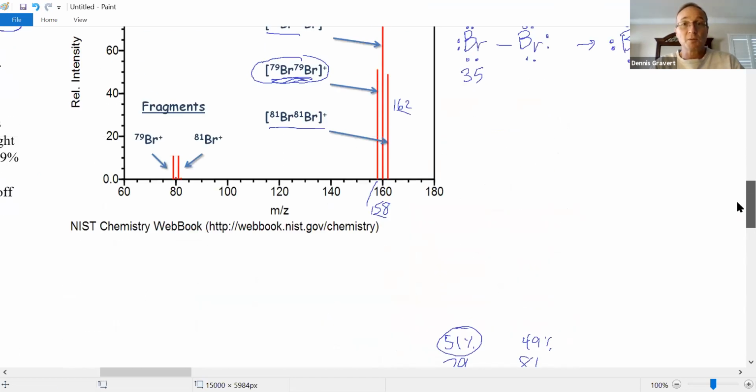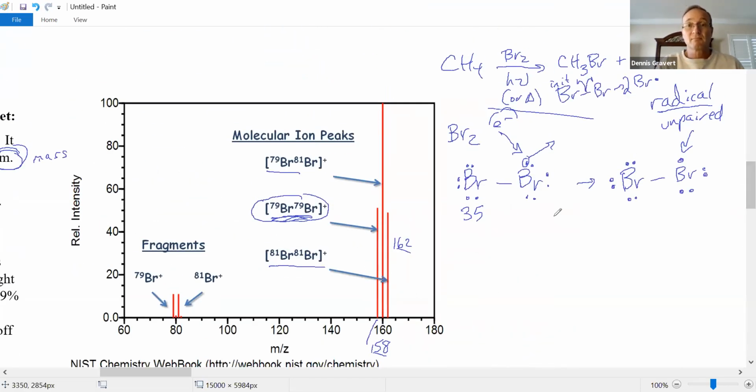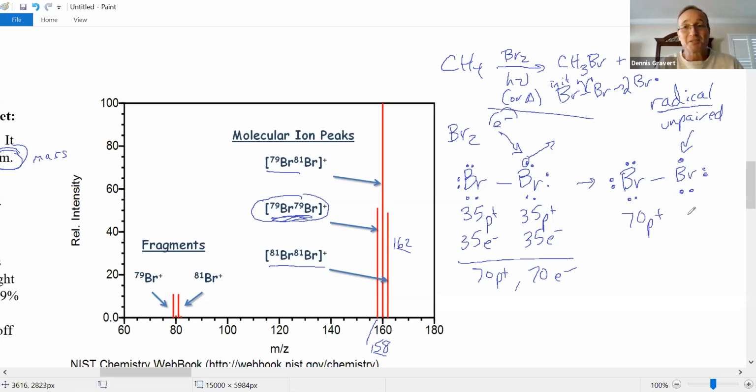So a neutral bromine atom has 35 protons and 35 electrons. So in the Br2 molecule, there's 70 of each. But if you knock out an electron, you still have the 70 protons, but now you only have 69 electrons.